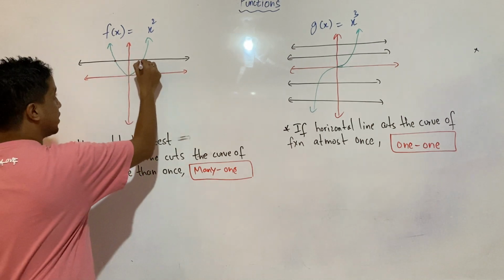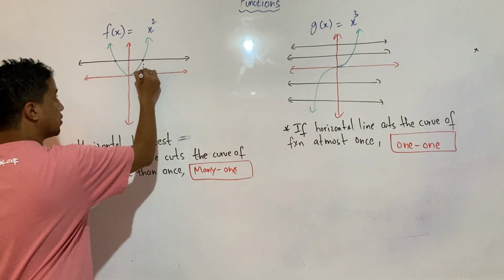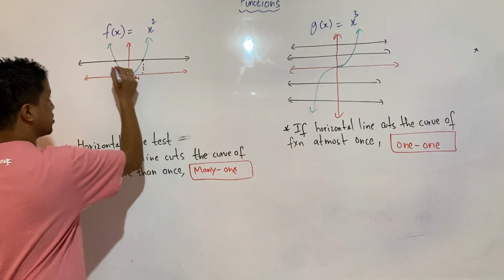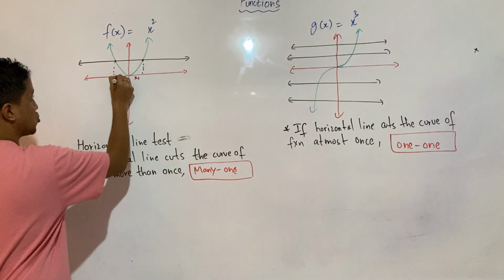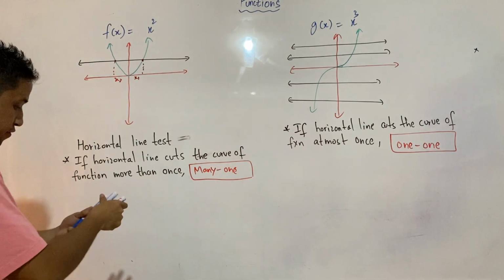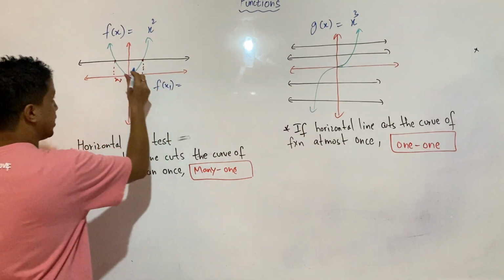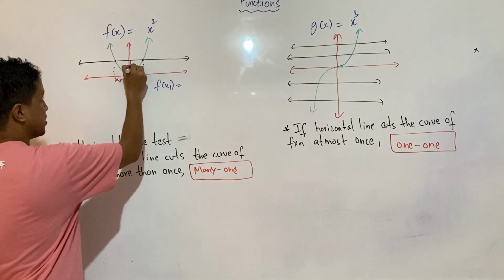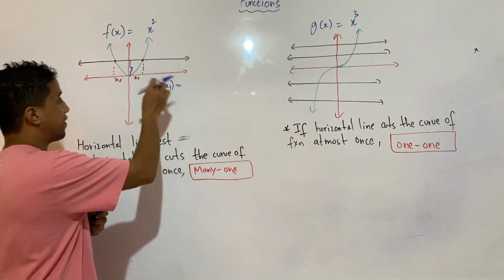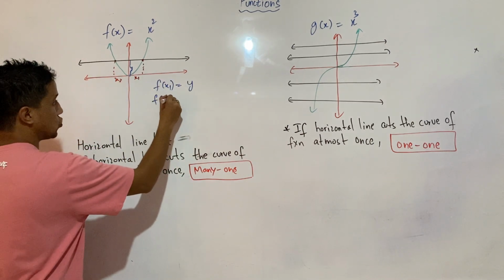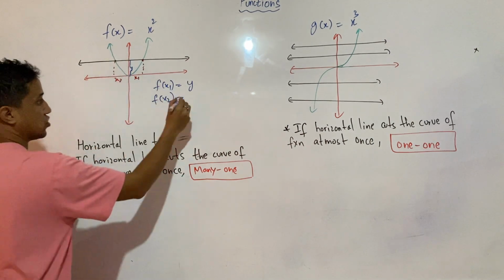Let's say this is my x1 and this is x2. Now f of x1 here represents this. Let's say this is y. So f of x1 is y, and f of x2 is again y.